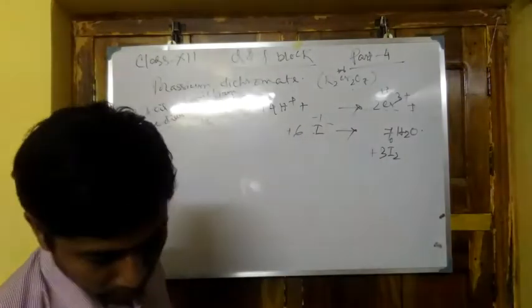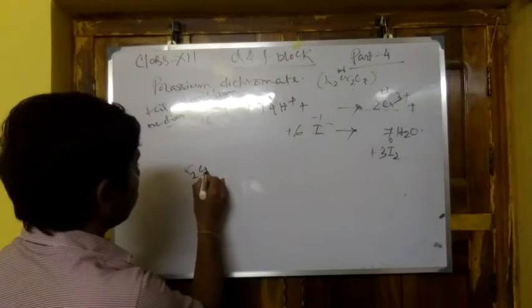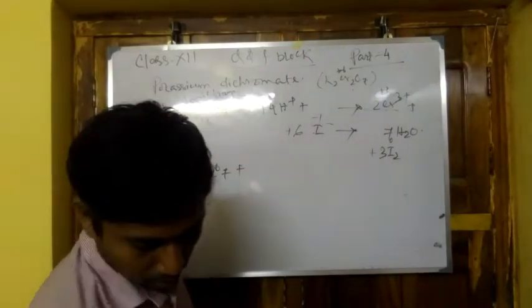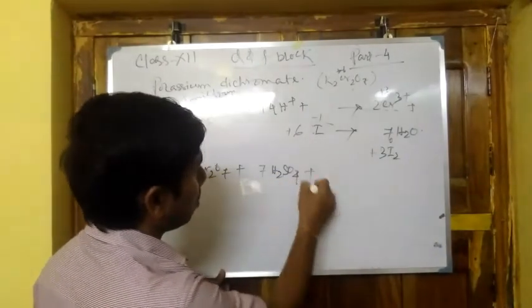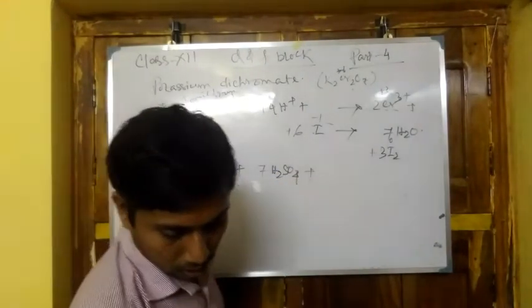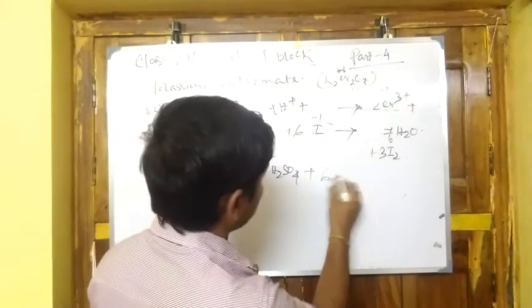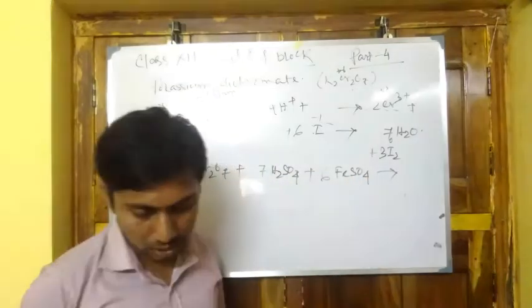Here the equation is K2Cr2O7 plus 7H2SO4 plus 6FeSO4. It is the reactant side.